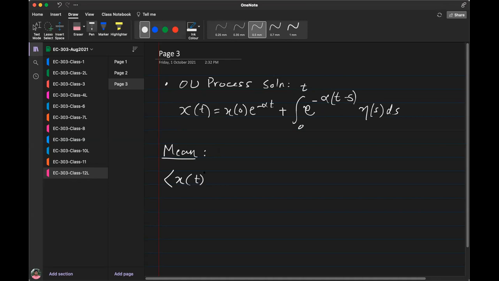Let us apply this average to the entire equation. The average of the left hand side is the average of this entire right hand side, and it's a summation. The average of a summation is the summation of averages, right? So we can apply the average independently to both terms.